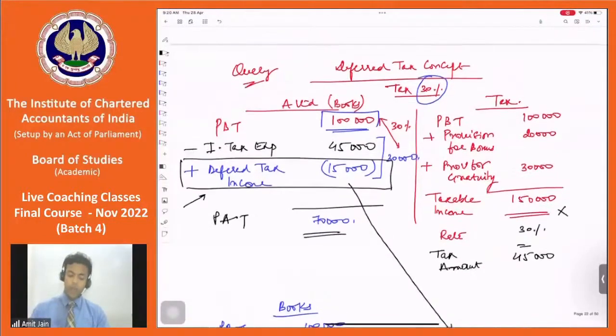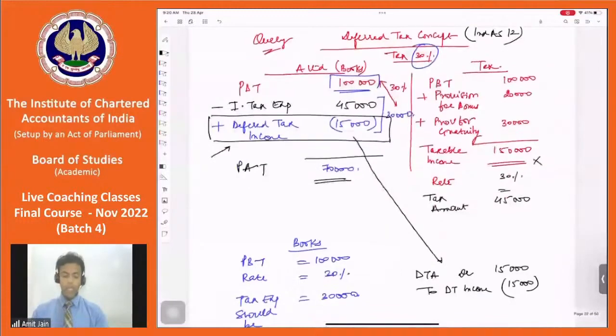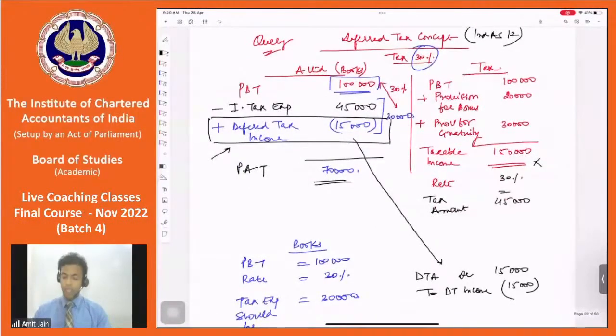Guys, are we clear with the deferred tax concept? This is the base of Ind AS 12. Quickly, guys, are we clear with the concept of deferred tax? I'm not getting response.